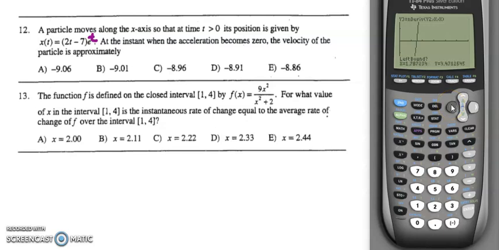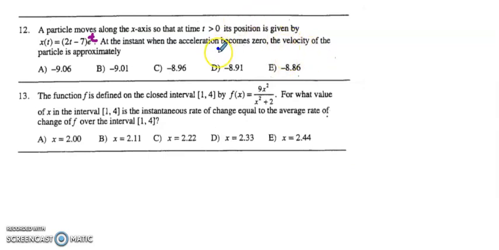So I need to left bound it, there it is, left bounded. Now I'm going to right bound it and enter and guess. And I find that the time when acceleration is 0 to be 1.499999, which is effectively 1.5.